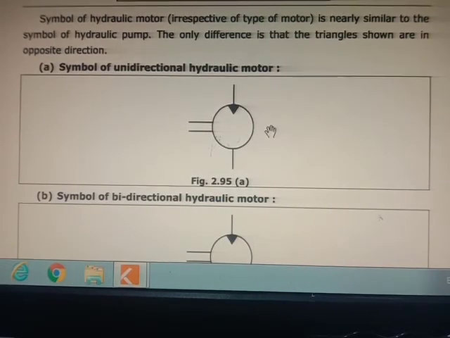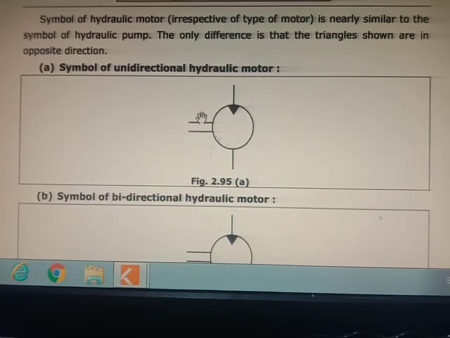Now, how are these hydraulic motors shown symbolically? This is the symbol of a hydraulic motor. It is similar to the pump symbol. As it is hydraulic, the triangle is filled, but the direction of the triangle is inward, because the oil is coming inside. This is the output shaft, where you will get the rotary motion.